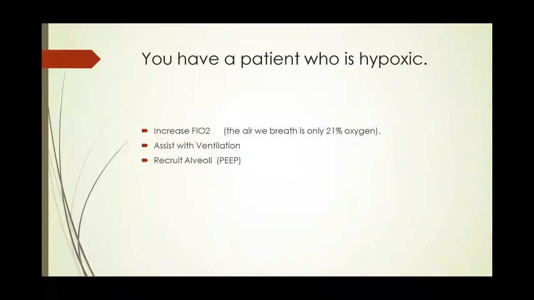So assisting with ventilation, that's another way to help oxygenate them. And then last, we're going to go over a little bit of PEEP. We're increasing the positive end-expiratory pressure in order to recruit more alveoli. And basically what this is going to do is give us a larger surface area to exchange gases across.